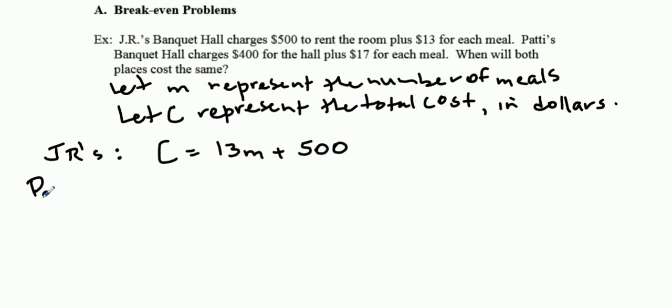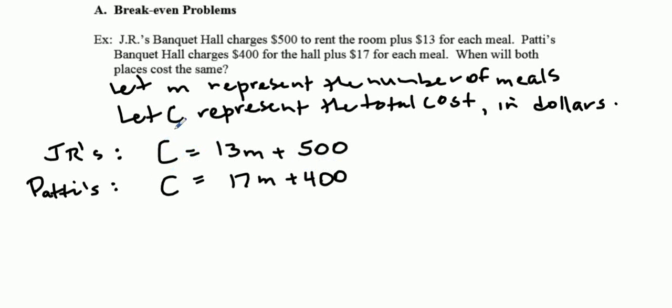And we know that Patty's is going to look similar, but the cost is the same variable, and it's going to be $17 for each meal, plus $400. So we're trying to solve this linear system algebraically.